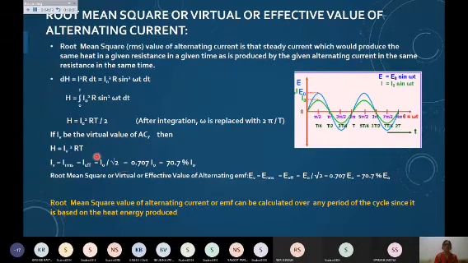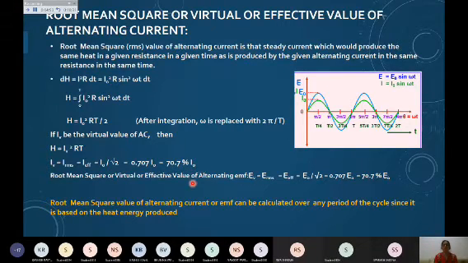This I naught divided by root 2 is the RMS value or the effective value of the current. I can leave it here as I naught divided by root 2, or I can write it as 0.707 times the maximum value of the current, or in percentage you can say 70.7% of I naught.